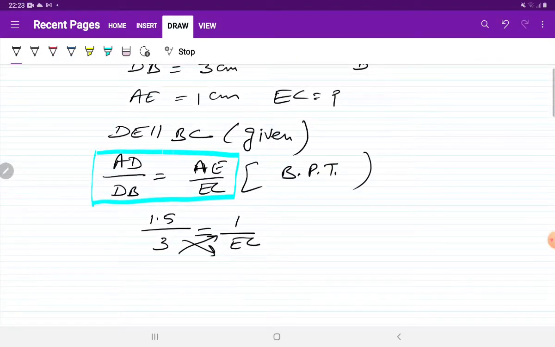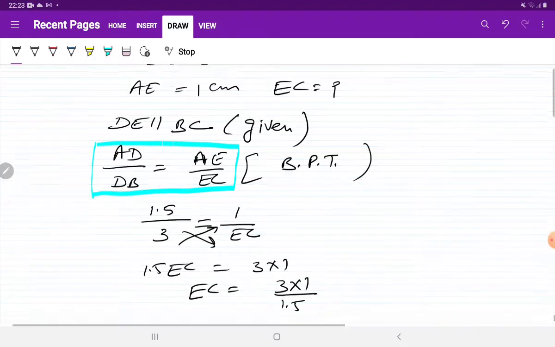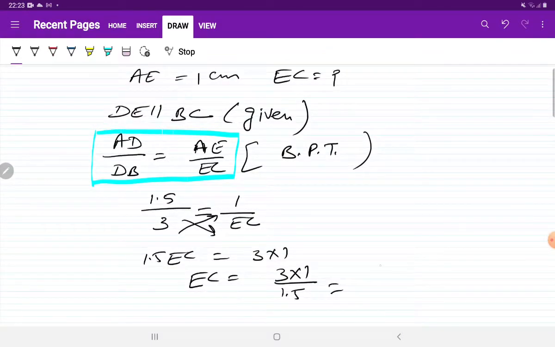So what we'll get? 1.5 EC is equal to 3 into 1, and EC is equal to 3 into 1 upon 1.5, which equals 3 into 1 upon 15, this decimal will be removed, so this 10 will go here. So what we'll get?